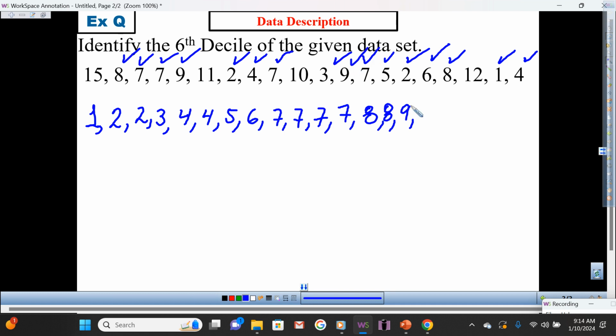Another 9. 10. 11. 12. And 15. Did we get them all? Yeah? Yes, Mr. Q. All right, good.